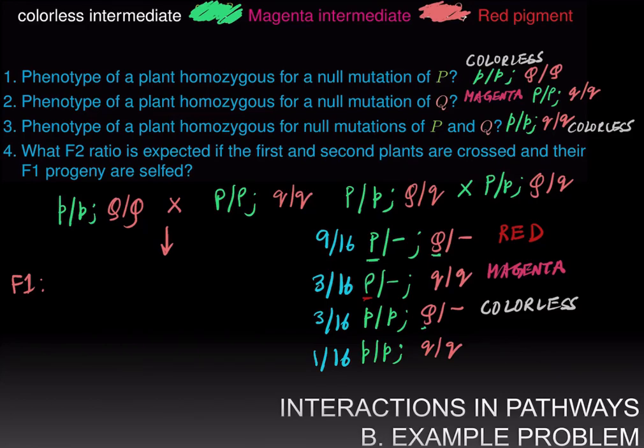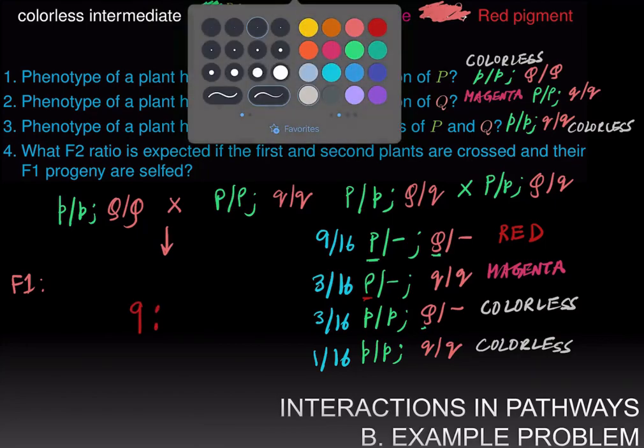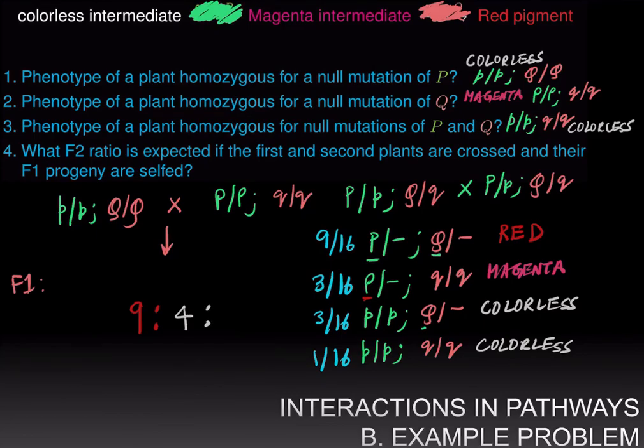However, the second pathway is irrelevant, because if the first step is blocked, then you are stuck in the colorless intermediate, and so this last individual will also be colorless, and therefore we get a 9 is to 4 is to 3 ratio of red is to colorless is to magenta in the F2 progeny if the F1 individuals were selfed.